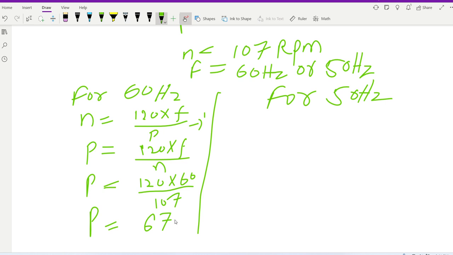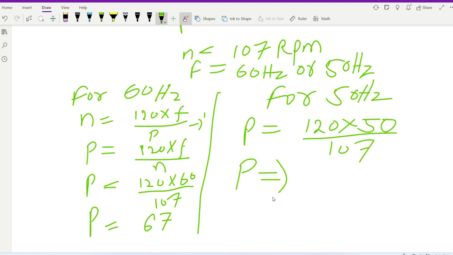Now I will find out for 50 Hertz. So P equals 120 multiplied by 50, then divided by 107.